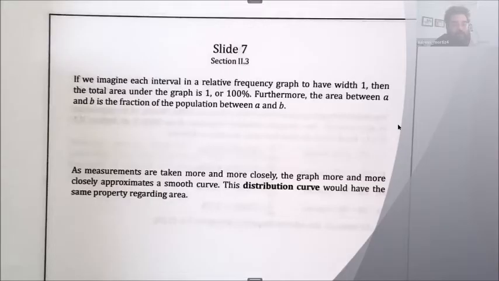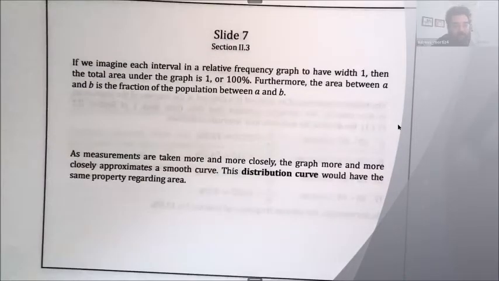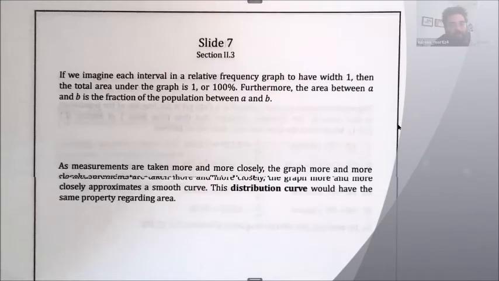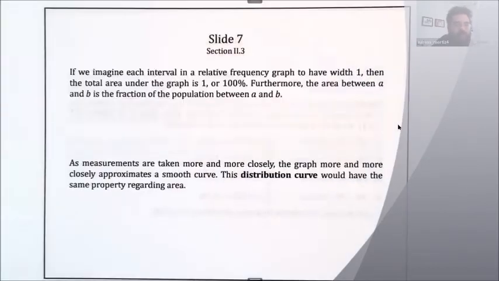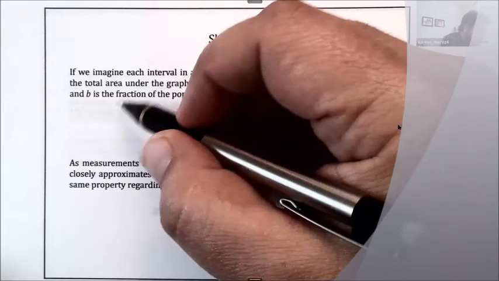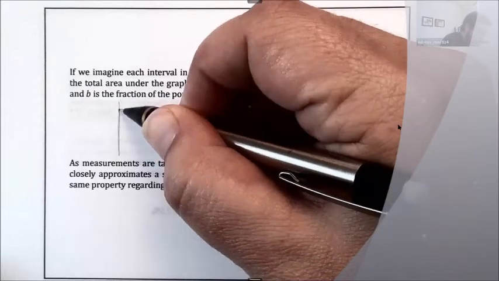If we imagine each interval in a relative frequency graph to have width 1, then the total area under the graph is 1, or 100%. Furthermore, the area between A and B is the fraction of the population between A and B. Okay, for example, suppose we have the line graph.